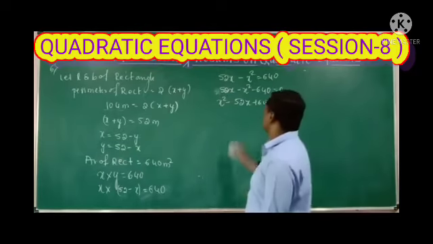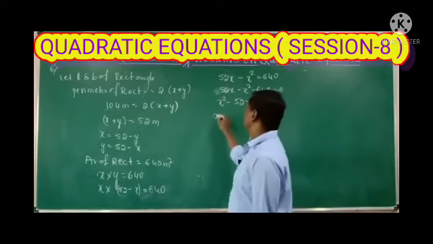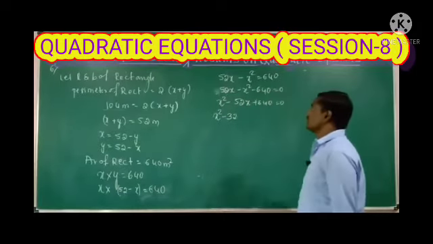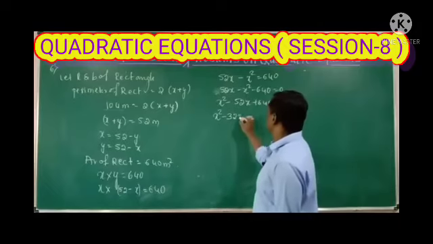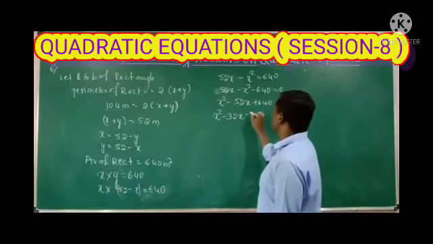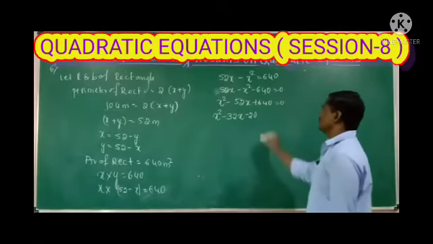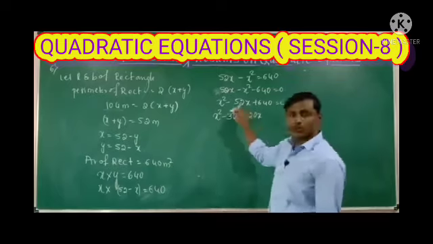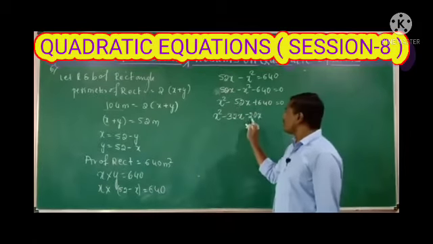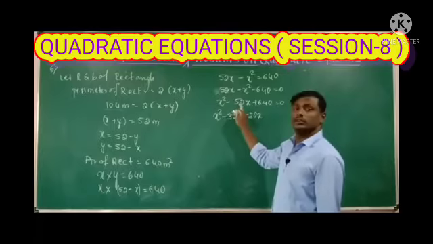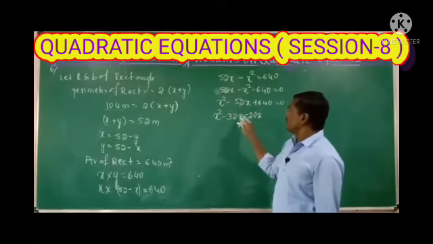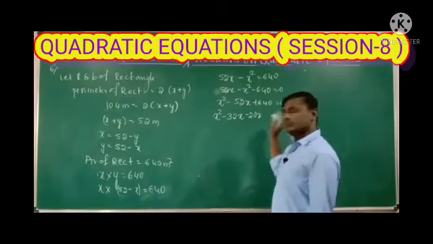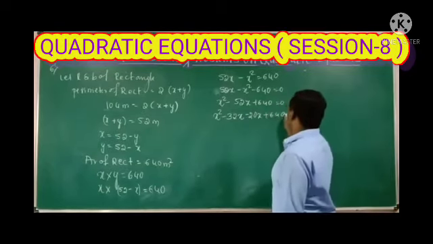Now simplify, split the middle term: x square minus 32x minus 20x. Sum of these two, check whether the sum of these two is equal to the middle term or not. Minus 32 minus 20 is minus 52. 32 into 20 is 640, minus into minus is plus, so plus 640 is equal to 0.